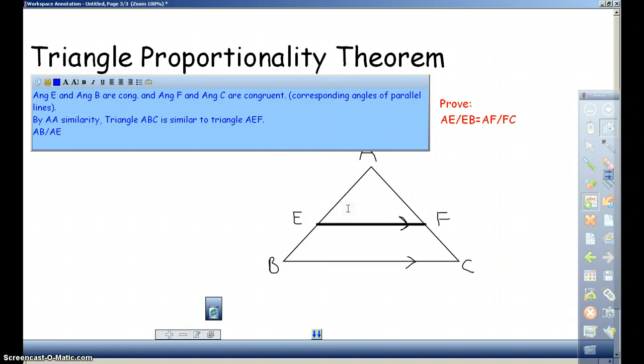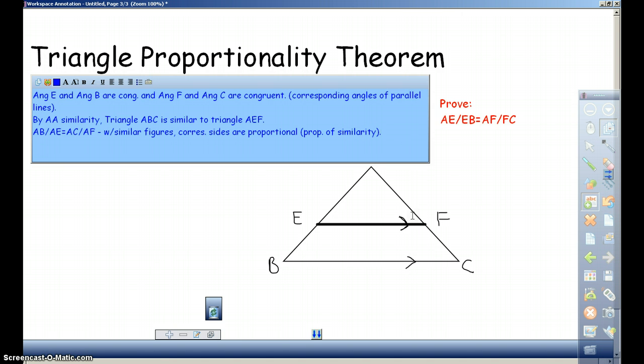So we can write a ratio that says AB over AE, and that's going to be equal to the same ratio written with the other corresponding side. So that's AC over AF, and that is because with similar triangles, and really with similar figures, corresponding sides are proportional. That is a property of similarity.